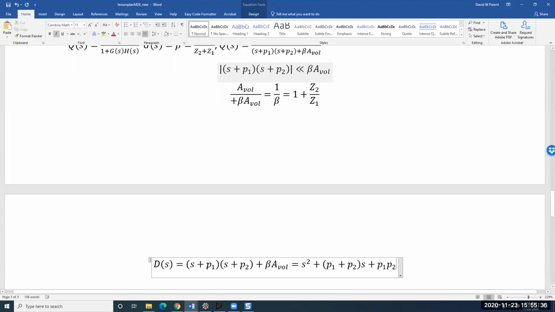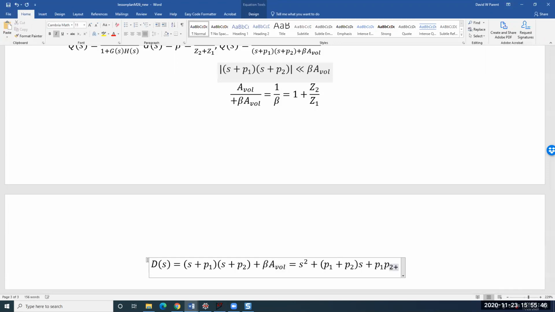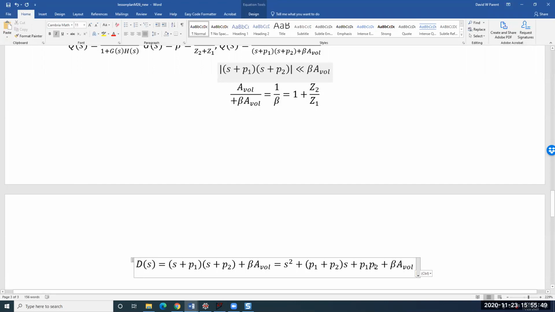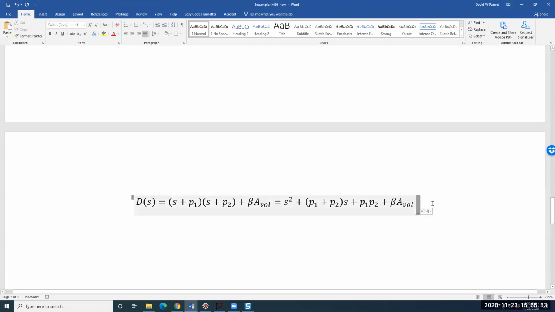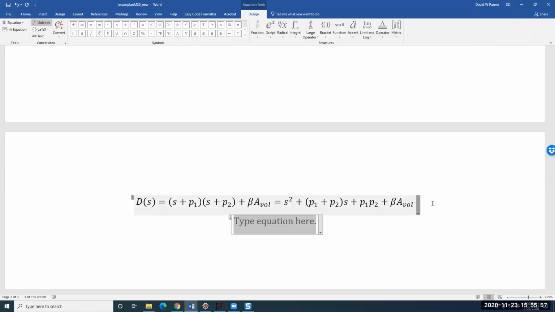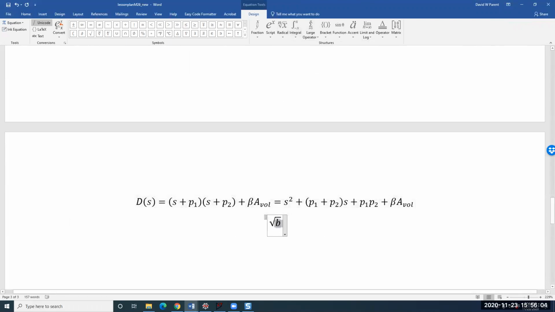So P2 times P1 plus P2 S squared, right? And then we have this portion right here, right? This is the extra bit. Okay. Well, now we really need just to know what's inside the square root, right?